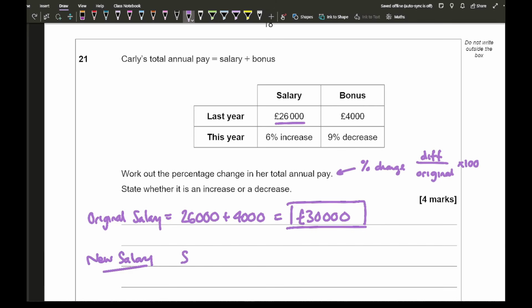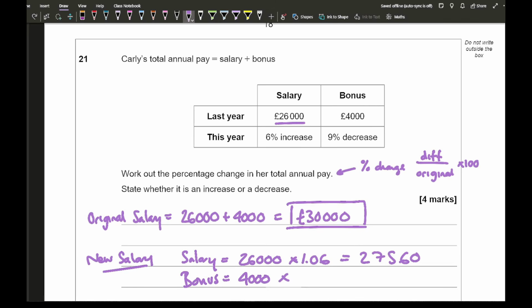In terms of the salary, that's now going to be 26,000 times 1.06. So we're going to work out what 6% is, then add it on. You could either do that separately, or you could use decimal multipliers, with which we get an answer of 27,560. And then the bonus is going to be 4,000.